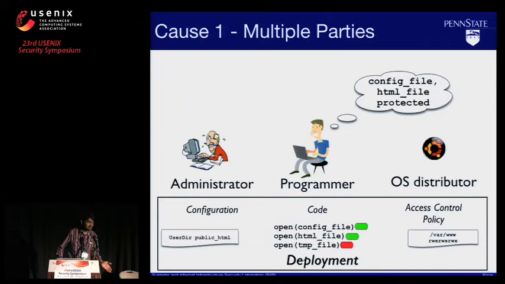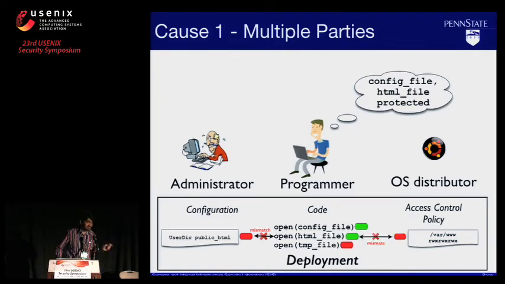Unfortunately, the administrator does not know these assumptions of the programmer. So if the administrator configures a user directory or a HTML directory that is indeed accessible to adversaries, then there is a mismatch causing a problem.